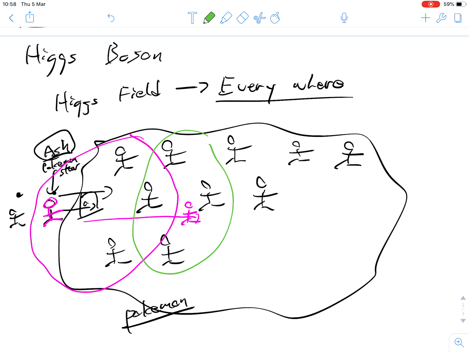Okay, so that's exactly what we're actually looking at here, is that a quark will interact through the Higgs boson particle, and the more it interacts with the Higgs field, the greater the amount of mass it will generate.